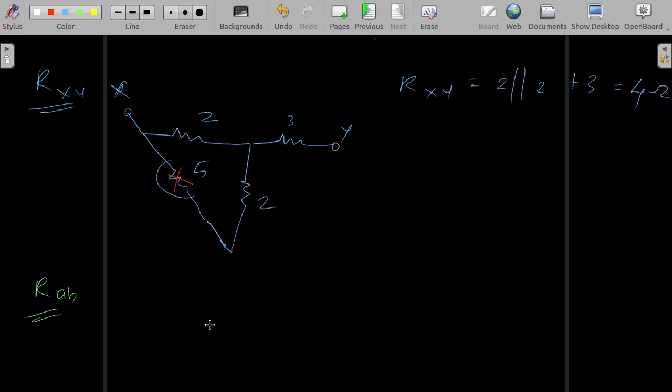So if we redraw the circuit for R_AB, I am just directly drawing.